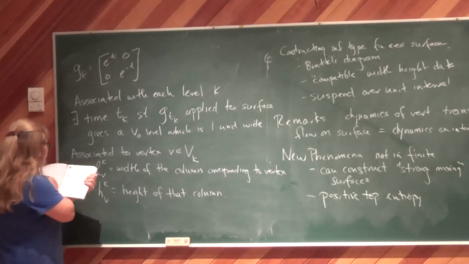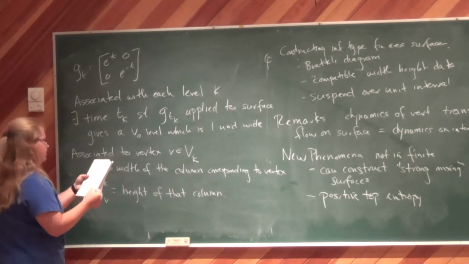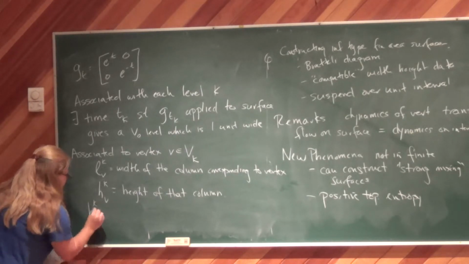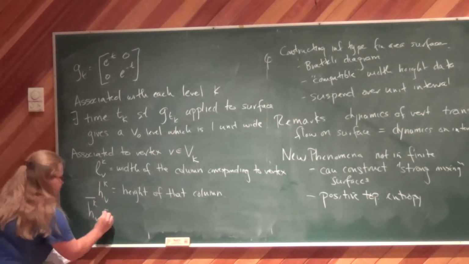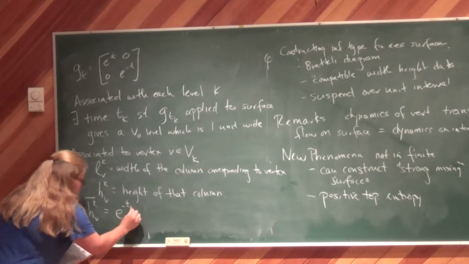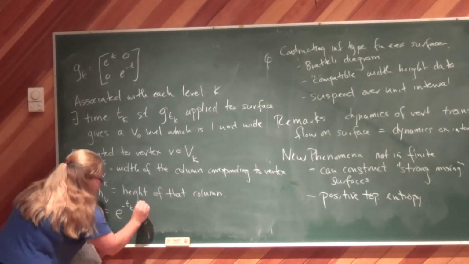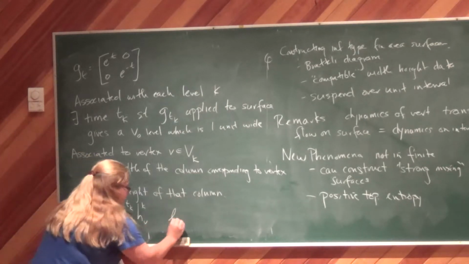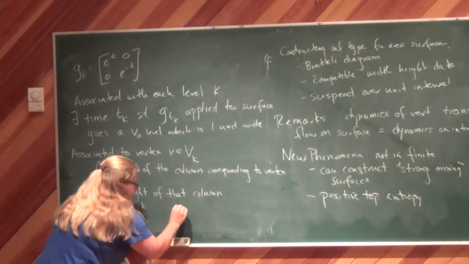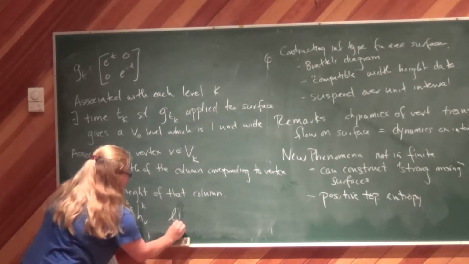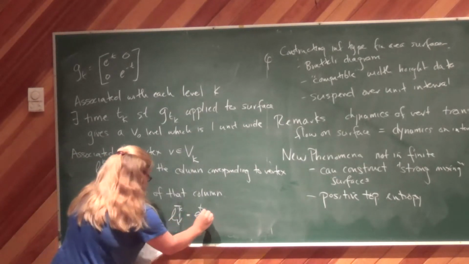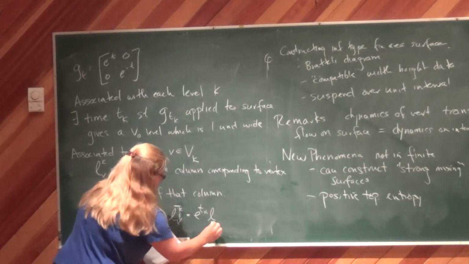I'm going to write the new height, H_V^k, is going to be just e to the minus tk times my original height, the height in my diagram before I moved it, and the new length, L_V^k, sorry, my V's are at the top, it's going to be e to the positive tk times L_V^k.